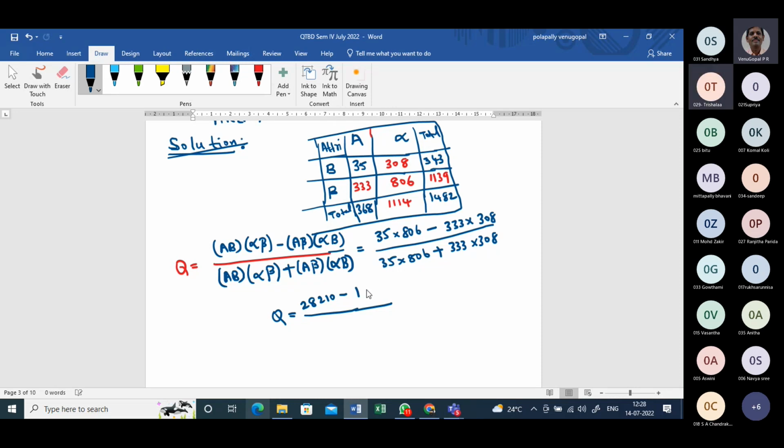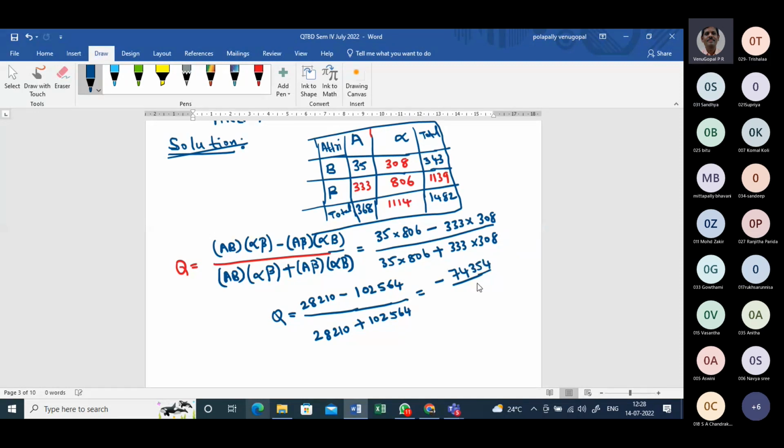So 28,210 minus 1,02,564, I'm getting negative: minus 74,354. Divided by 28,210 plus 1,02,564, which is 1,30,774. How much is this answer? Minus 0.57.